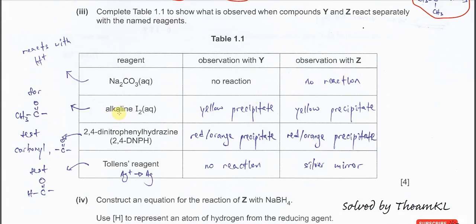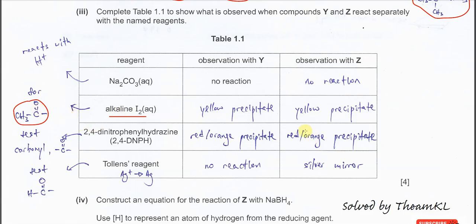So next reagent, alkaline iodine. When you see alkaline iodine, it means it's an iodoform test. So you need to refer to this structure, the methyl ketone. If the compound has the methyl ketone group, then it will form the yellow precipitate, which is the iodoform, CHI3.